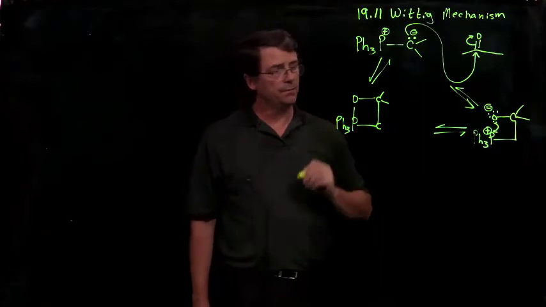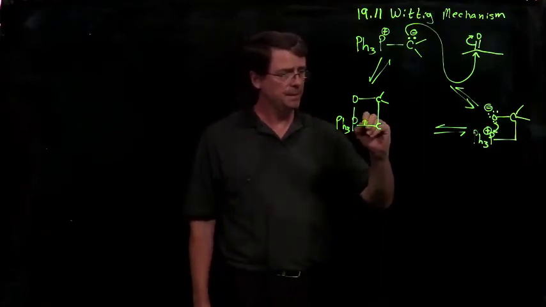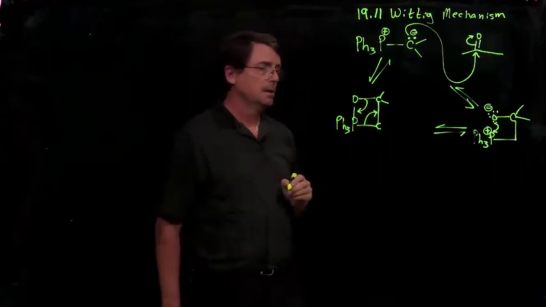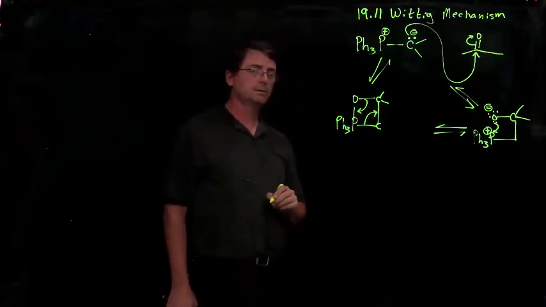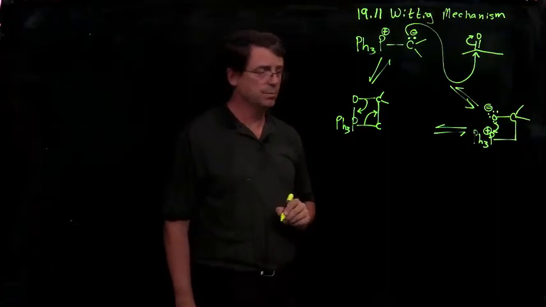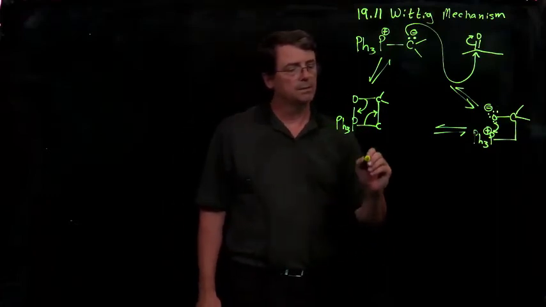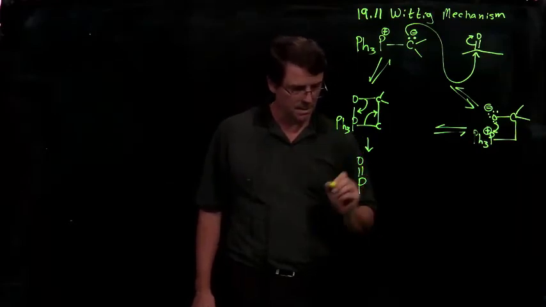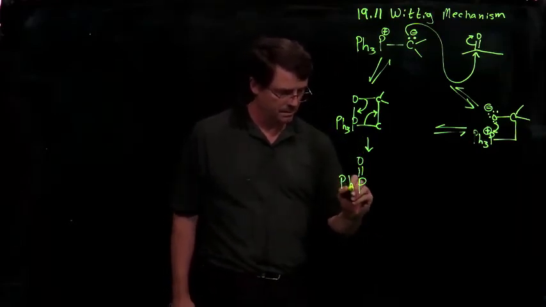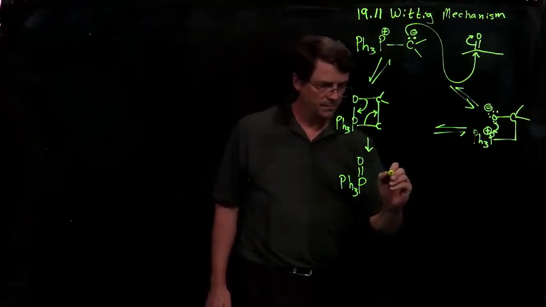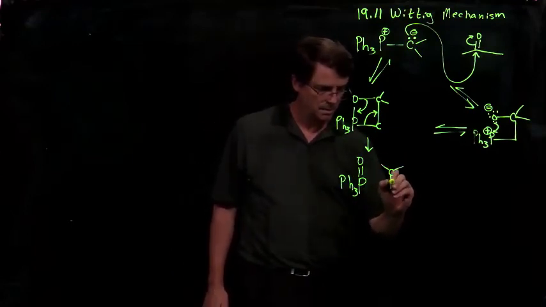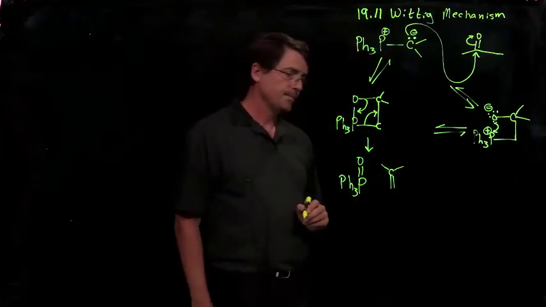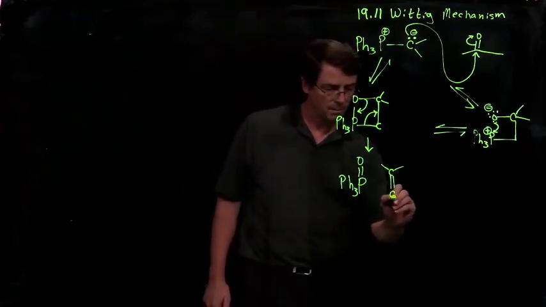But once we have formed the betaine, then we can imagine this as a retrocyclization, a reverse 2+2 cyclization, and if we follow those arrows, you see we'll have an oxygen-phosphorus double bond, and we have formed the carbon-carbon double bond.